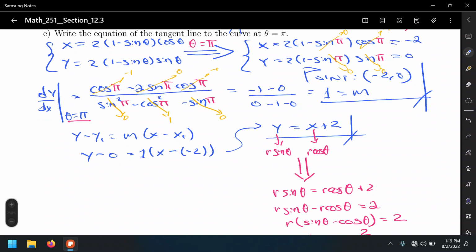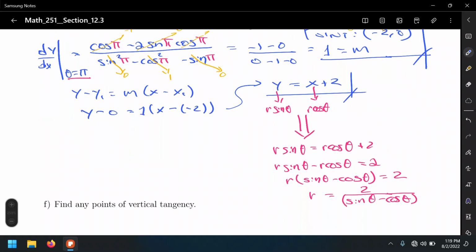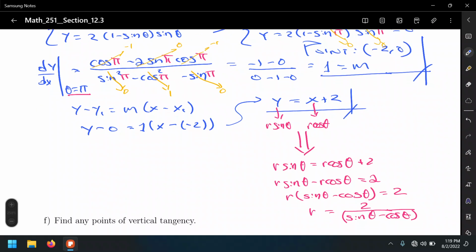Then we found the equation of a tangent line. But of course, the equation of the tangent line that we found happened to be in rectangular form. So in order for us to see the whole picture, the graph of the function in polar and the graph of the line, we converted the given line into its polar version, so we can see the whole thing together.